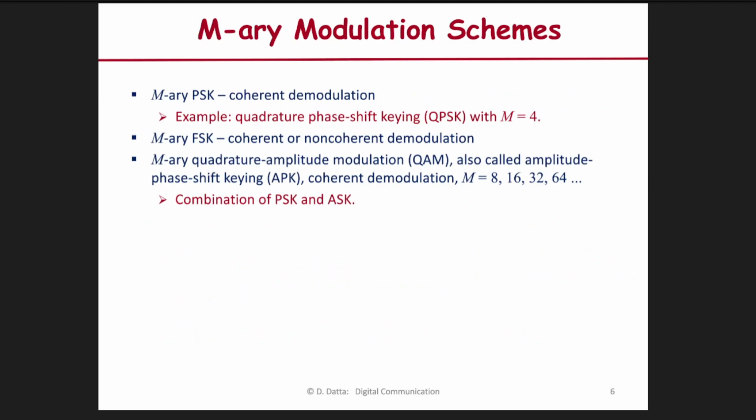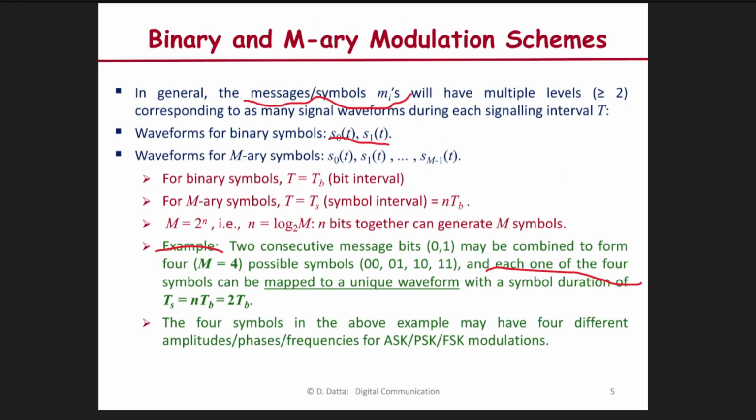This is very simple. As I told you, M-ary PSK requires coherent demodulation because its information lies in the phase. How to demodulate QPSK, we will discuss at length, with many slides. QPSK is one of the very popular modulation schemes. And the example that I have just now given you was actually a QPSK, when it is a phase modulation. You look at that: 00, 01, 10, 11.